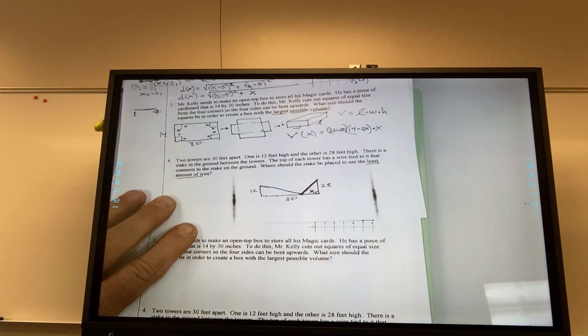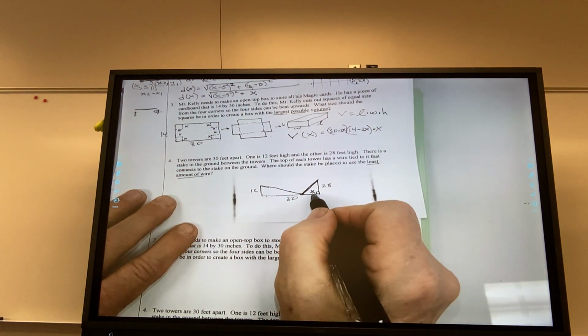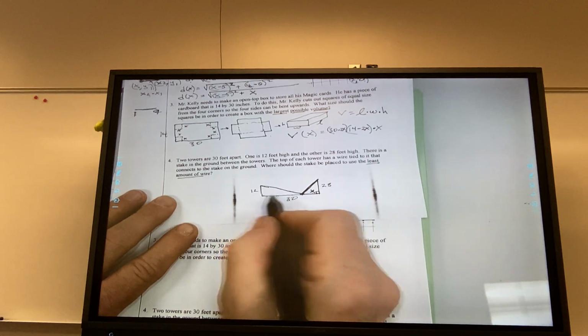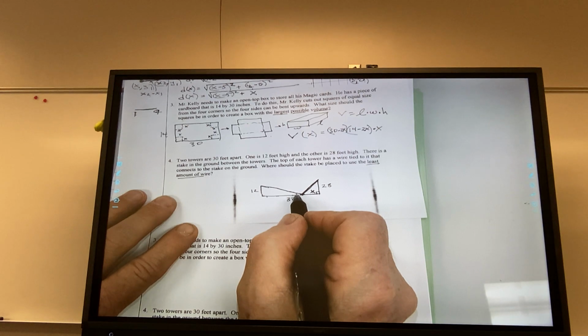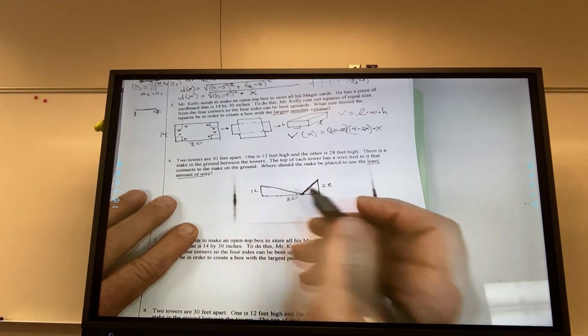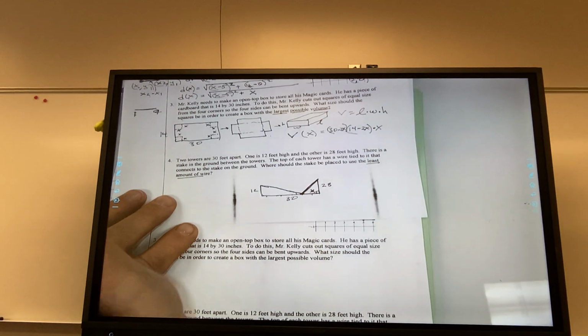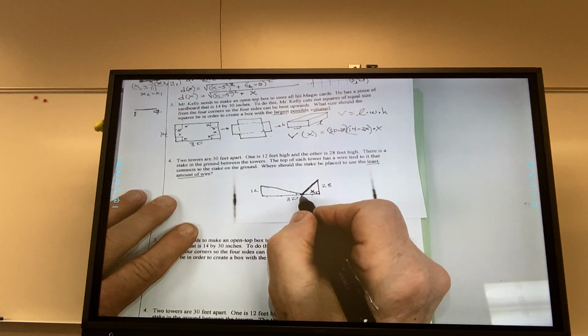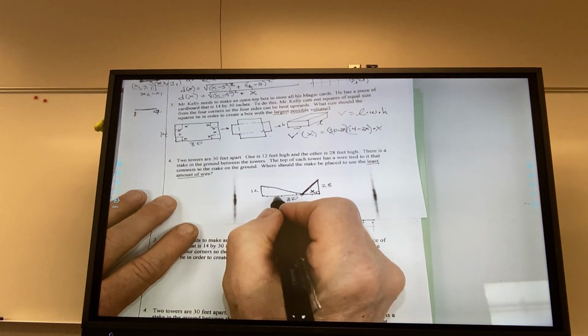Because I'm telling the story, I made this X. If this was 5 feet, how much would it be on this side? 25. If it was 10 feet, how much on this side? 20. So since I decided that this is a distance of X, what distance has to be on this side?